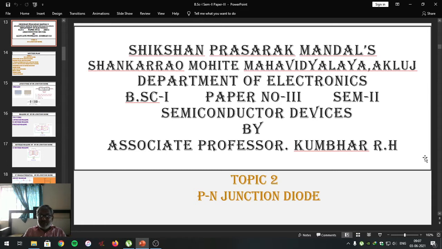We studied details regarding the intrinsic semiconductor, which is a pure semiconductor. Then we studied two types of extrinsic semiconductor. One is the N type of semiconductor, how it is formulated. Another one is the P type of semiconductor. Details of both we have studied in yesterday's lecture.